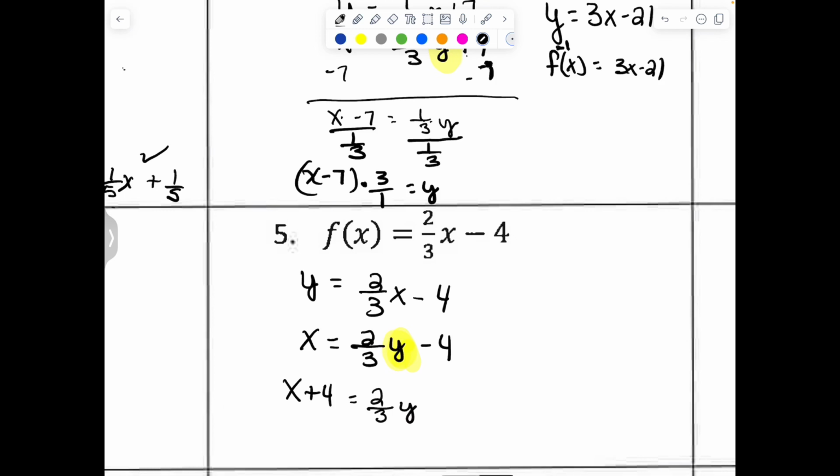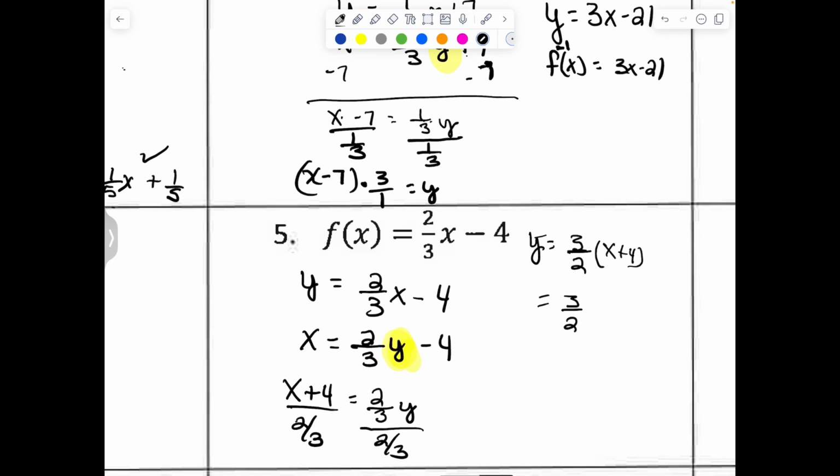Now, again, I'm going to divide by 2/3. But dividing by 2/3 is the same as multiplying times 3/2. So that becomes 3/2 times x plus 4.